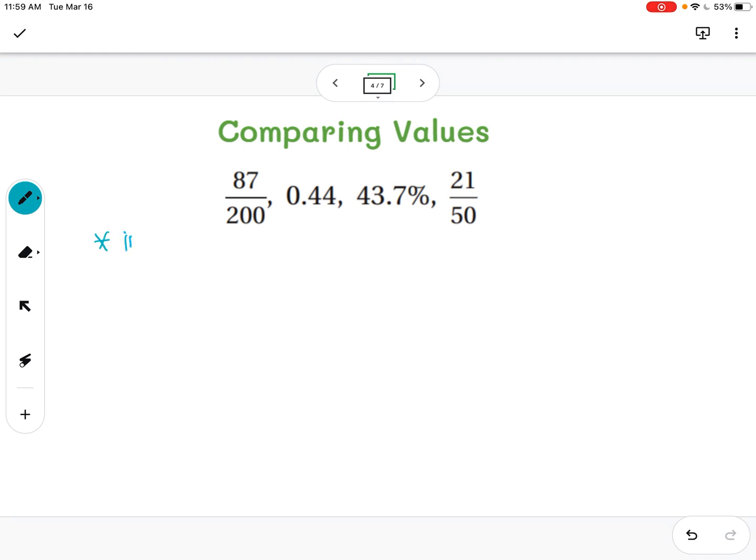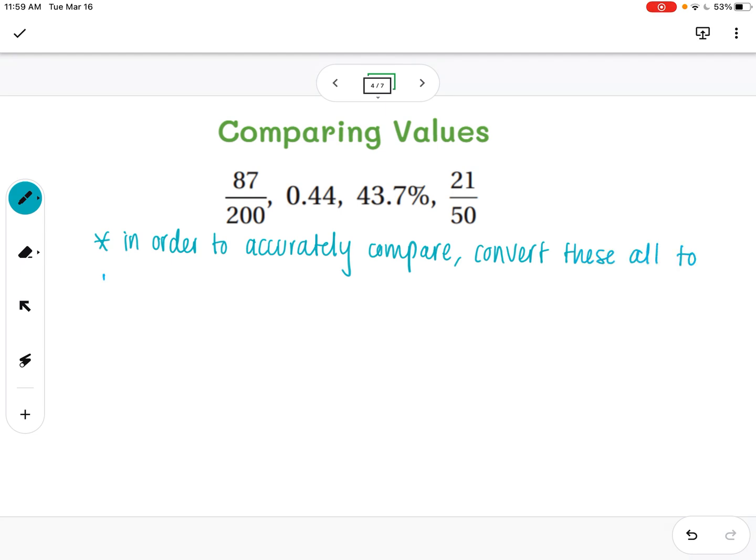So the first thing you need to know is in order to accurately compare, convert these all to the same, I'm going to call it the same medium, which basically just means the same, like if they're all decimals, if they're all percents, if they are all fractions, etc.